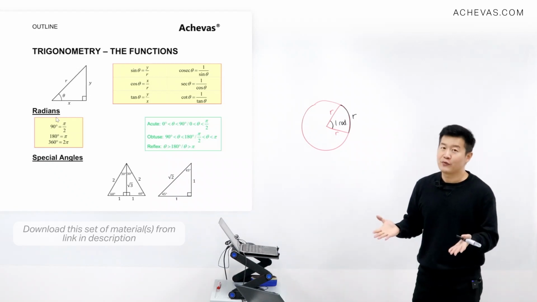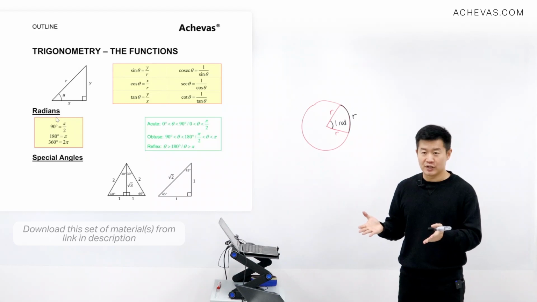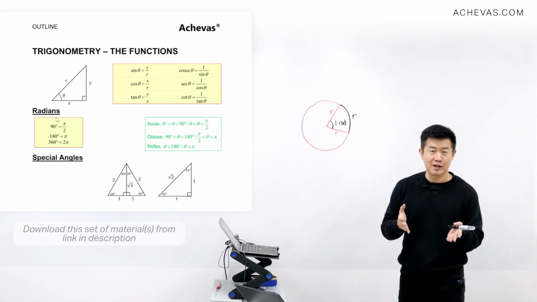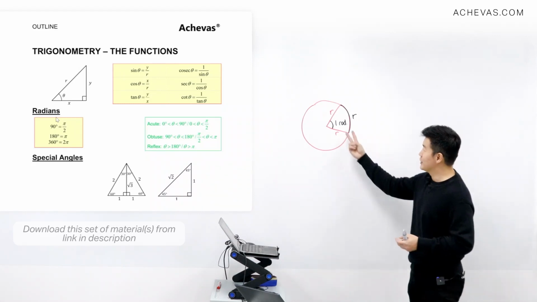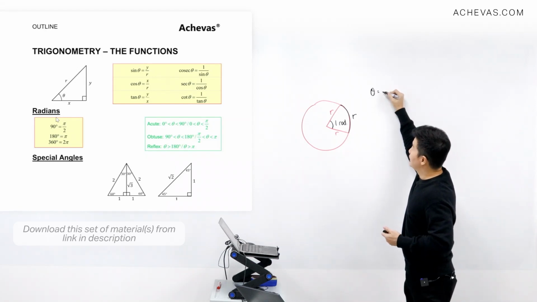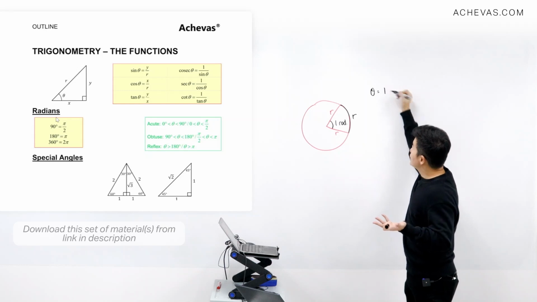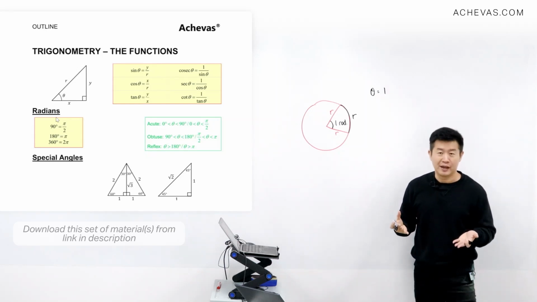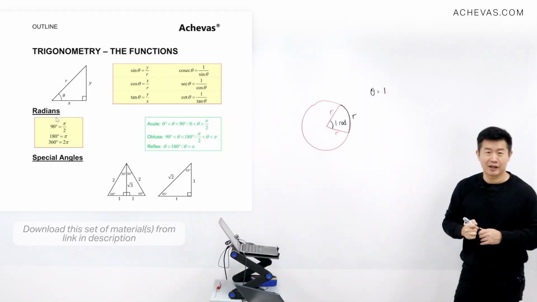Or it is also very common for angles expressed in terms of radians to totally eliminate the usage of rad, which means that if I know that there's this angle theta and it is 1 radian, we can just simply write it as 1. And it is going to be automatically interpreted as radian.